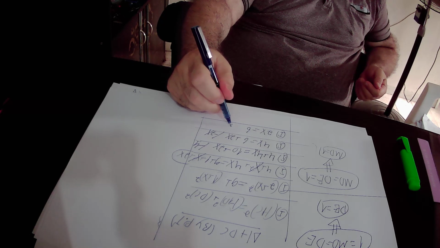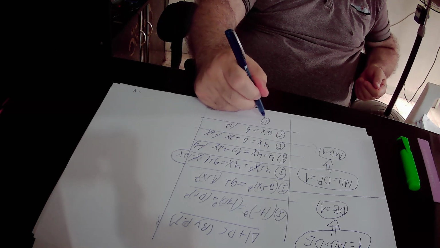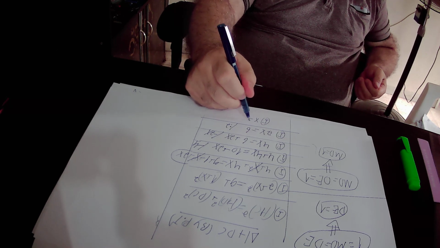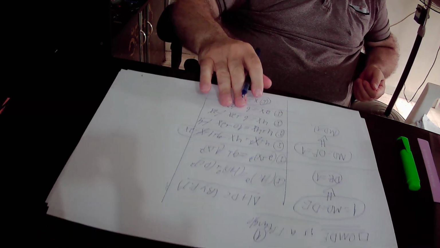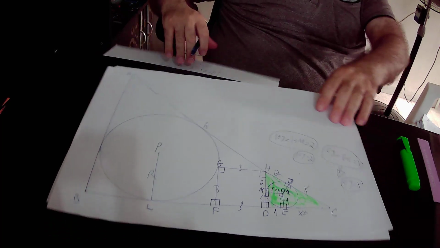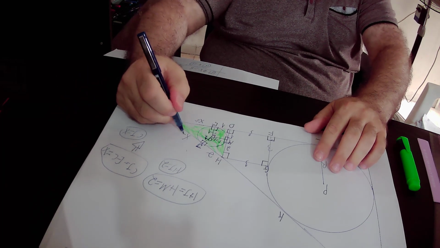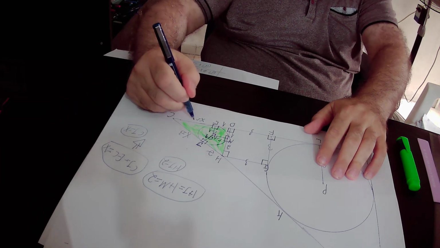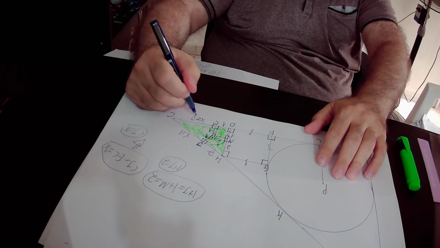Here we divide this equation, equation number 1, by 2, and we get that x equals to 6 over 2, that is 3. So we found out that x equals to 3 units. We can write down here that x equals to 3 units. Okay.